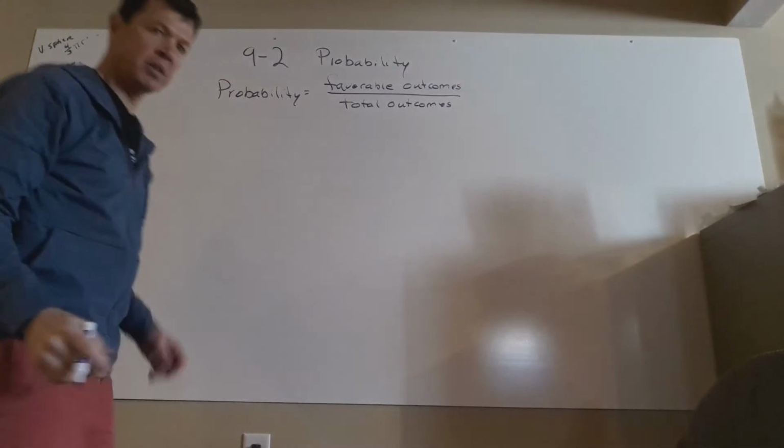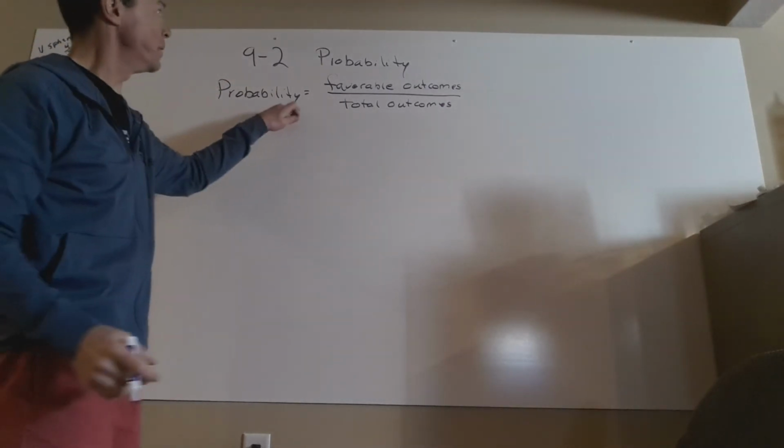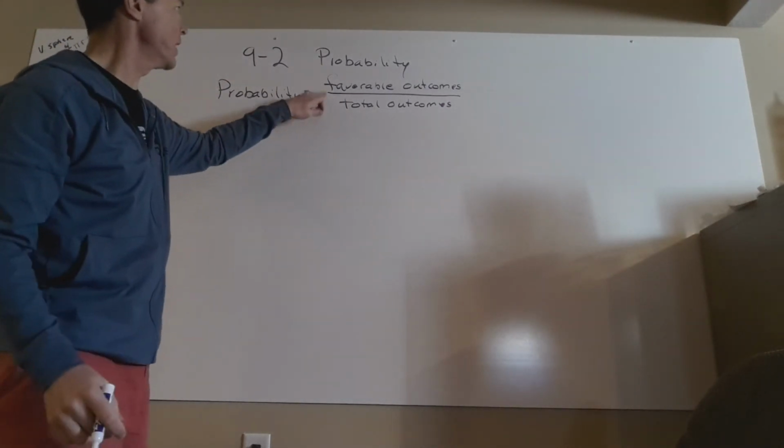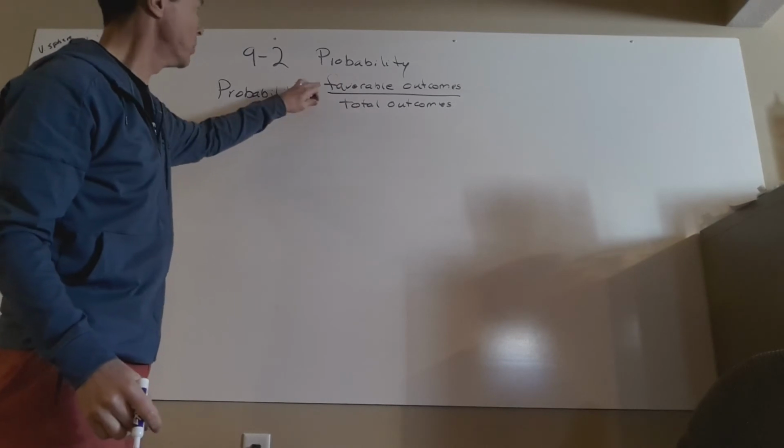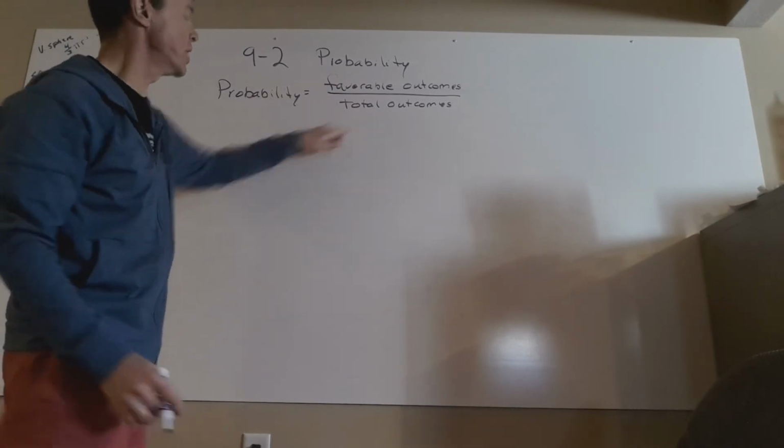I want to do a couple of examples here with probability. But again, just remember to calculate it, it's favorable outcomes, what you want to happen, over the total number of outcomes.